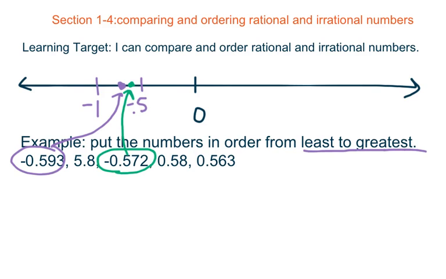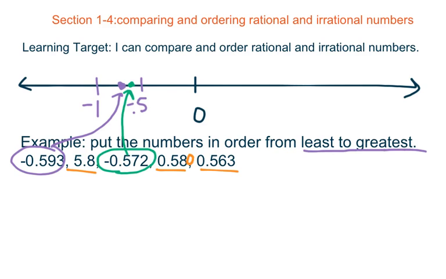And then we jump to positive numbers. So if I take a look at the positive numbers here, I can see that 5.8 will be way over to the right, so I'm going to hold that one off for later. But 0.58 and 0.563 is a common problem for students. What you want to do is have the same number of digits after the decimal point.